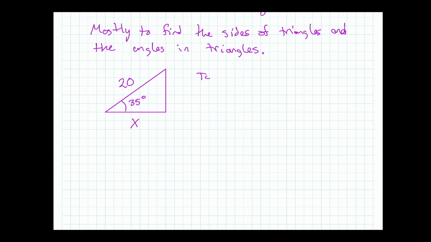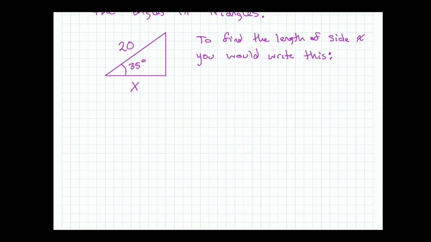So to find the length of side x, you would write this. And you've done this before in an earlier section, so this is actually a review, right? What you would say is you would realize what sides of the triangle you had. If the angle's right here, then this x side is the adjacent side.